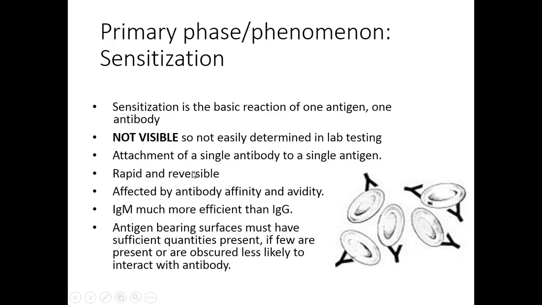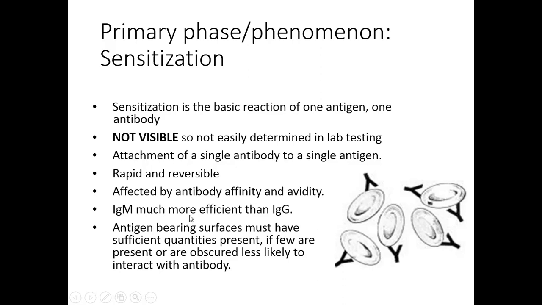We just learned that that first phase of an antibody, that affinity, is rapid and reversible, right? It happens very quickly. You put the antibody and the antigen together, bang, they bind, and it tends to be a very reversible one. The antibody affinity and avidity of this binding influences how well it's going to stick.